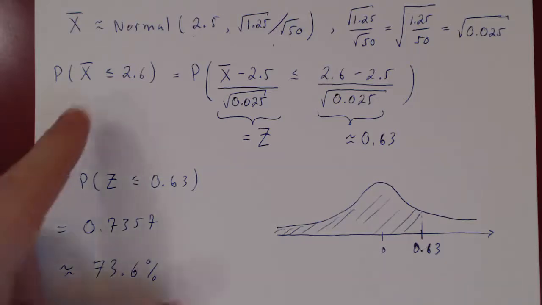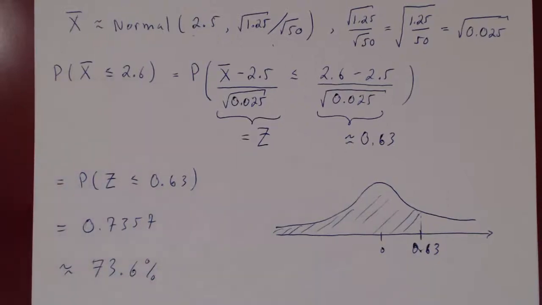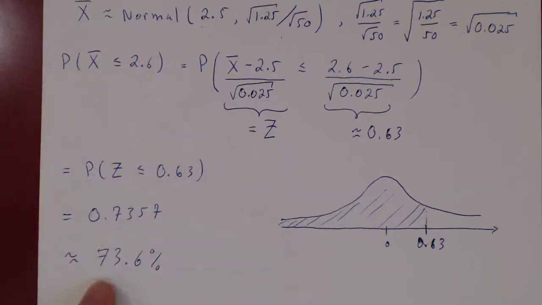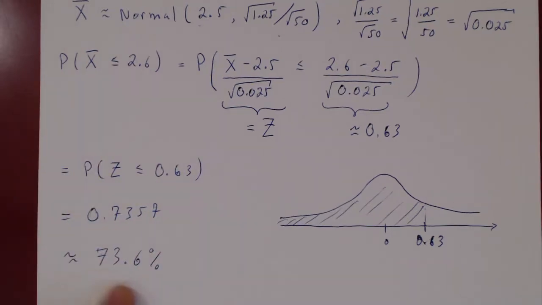We found the average. We added all these values, divided by 50, and we ask, what is the probability that the average that we have obtained is at most 2.6? And the answer is, well, it's quite likely, 73.6% likely. And that is, again, a really nice application of the central limit theorem.